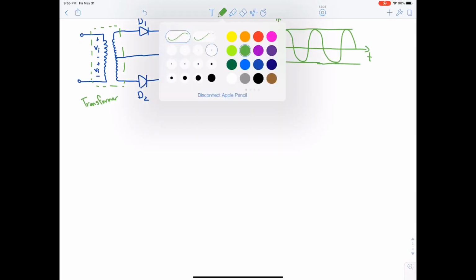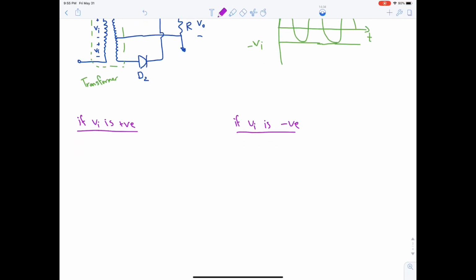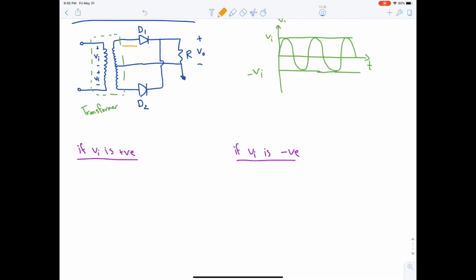Let's write down the two cases: if VI is positive, if VI is negative. Let's see what will happen if VI is positive. If VI is positive, the current will flow clockwise. It will split here due to the junction. Hence, D1 is on and D2 is off.